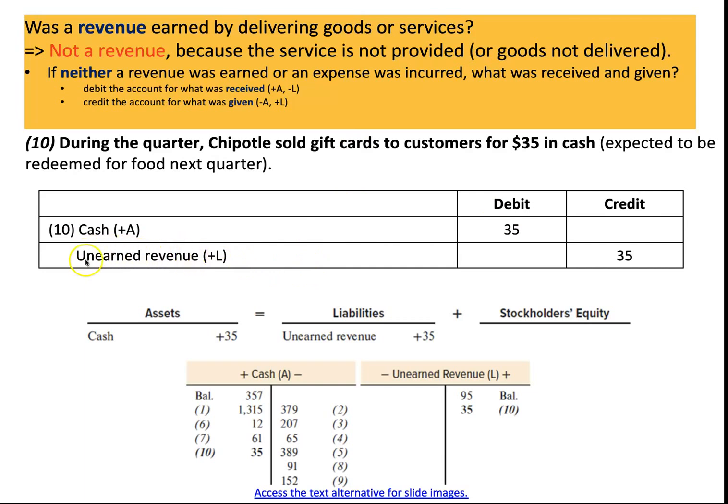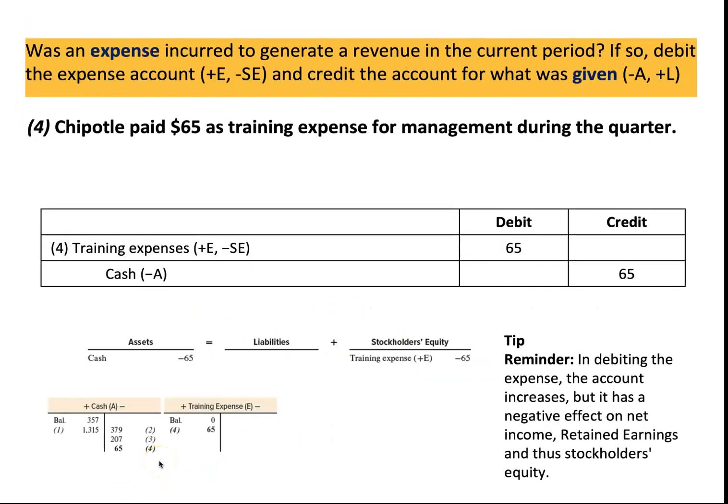So it's recorded as unearned revenue, which is a liability account. Your accounting equation will show the asset side increases and the liability side also increases by the same amount, and your equation is still equal.